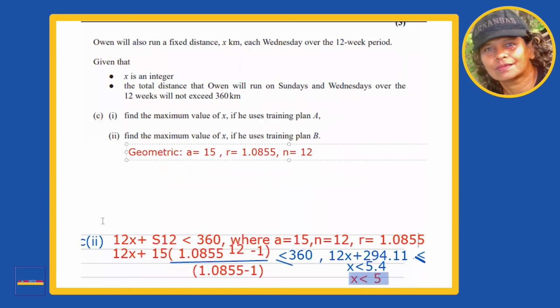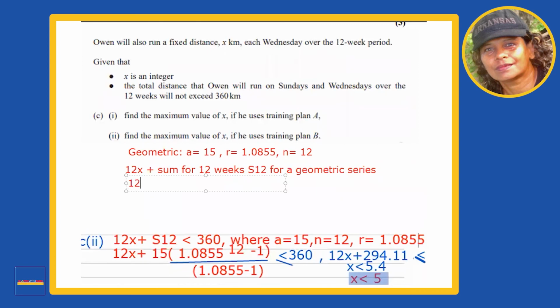So for us to find out the sum, we have got 12x plus S, the sum for 12 weeks, Sn or S12 for a geometric series. Now let's go ahead and compute that value.